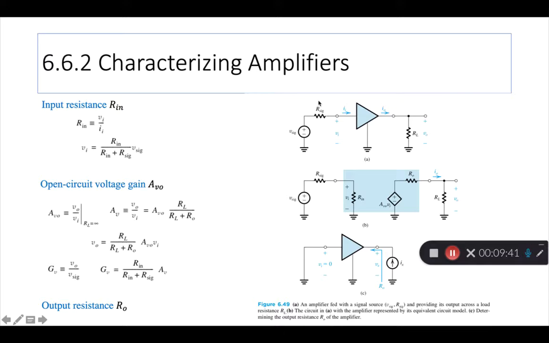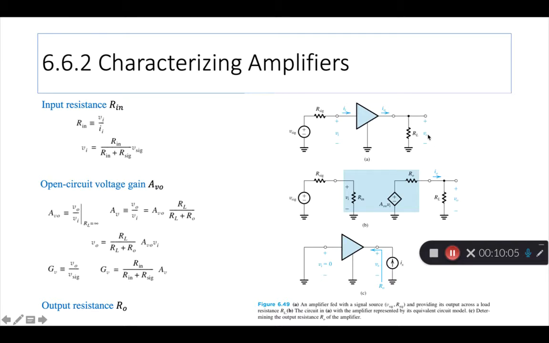So if you look at the generic drawing of an amplifier, you know this is an amplifier, right? It can be implemented using anything, any device, but it has an input side and an output side. The input side brings the signal. Generally the signal source has an inbuilt resistance. You cannot avoid this.